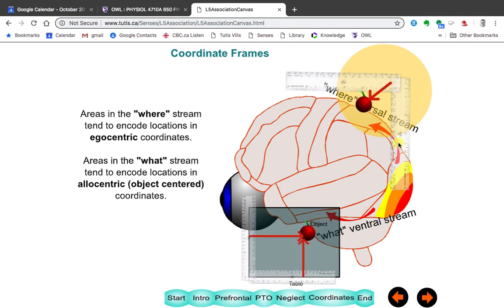This one up here, you remember, is the pathway that's involved with locating where your mouse is with respect to you. Okay? And a good way of expressing that is in an egocentric frame. You want to reach for it, you want to know where that mouse is with respect to you. You don't want to calculate it with respect to the table, and then where the mouse is with respect to the table, and do all those calculations. You just care where it is with respect to you.